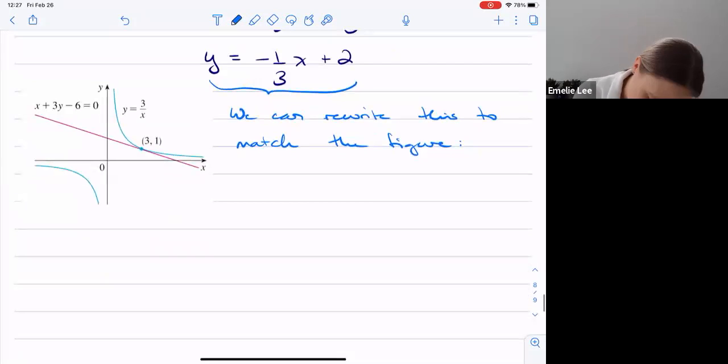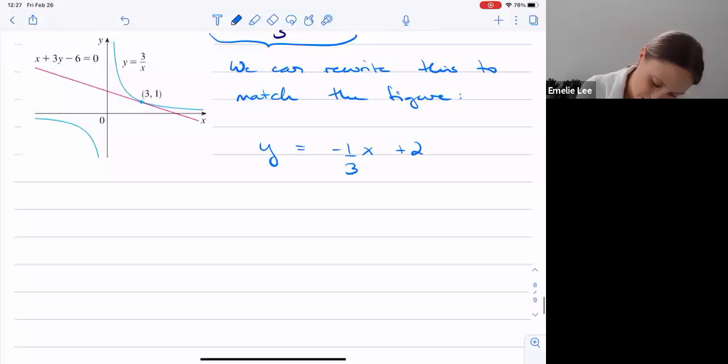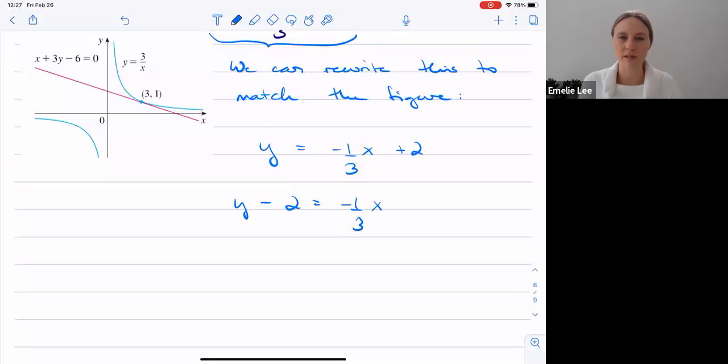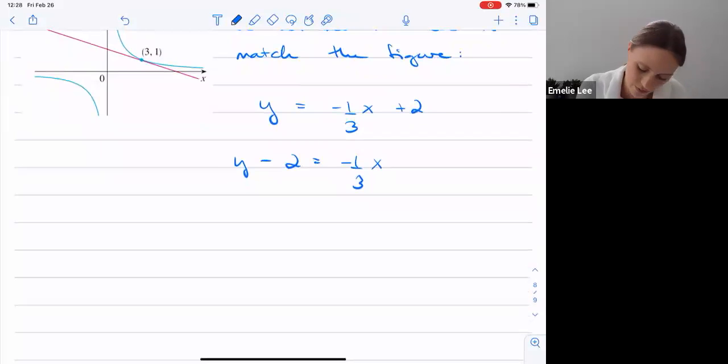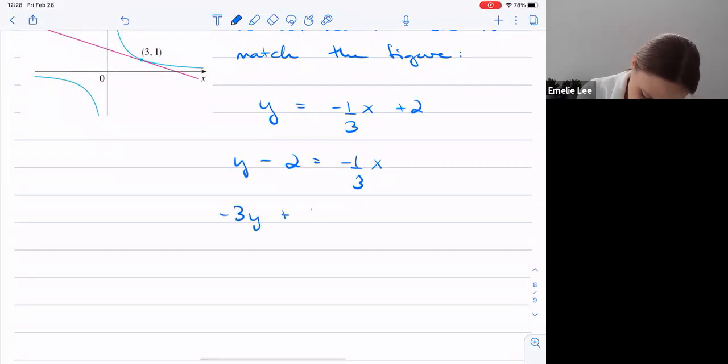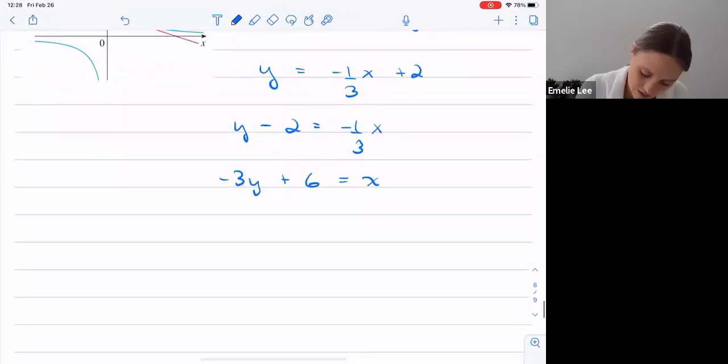So then we have y equals negative 1 over 3x plus 2. So y minus 2 is negative 1 over 3x. Slowly moving things over, I can multiply by negative 3 to move that negative 1 over 3x over. So then I have negative 3y plus 6 equals x.